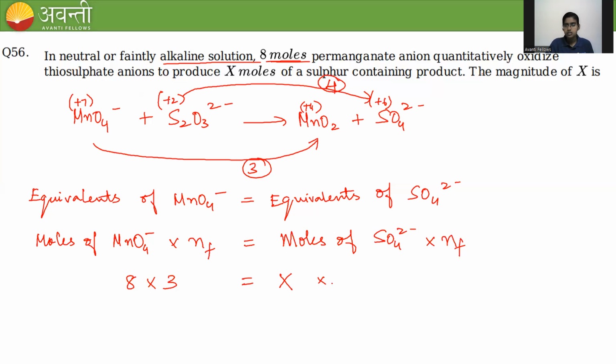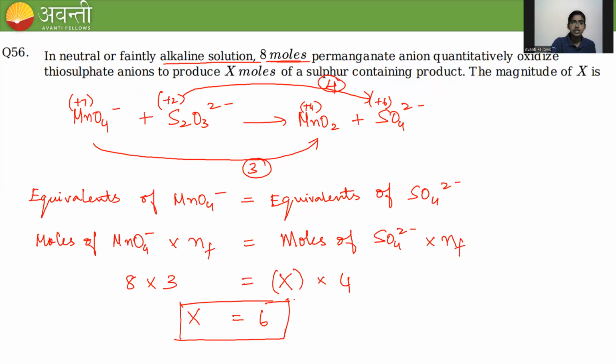So X into 4. So the value of X will be 6. The magnitude of X is 6. Number of moles of SO4 2 minus, which contains the sulfur, is equal to 6.